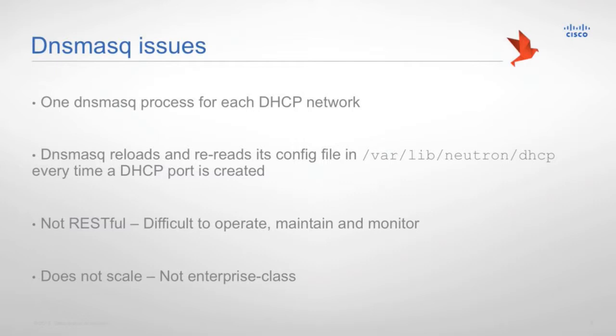And it's not RESTful, so it has to be started using CLI and then pass a lot of arguments like host file, and then IP address, subnet range, lease expiry, and it takes a lot of command line arguments. And it does not really scale for an enterprise cloud. So it's really not enterprise class.